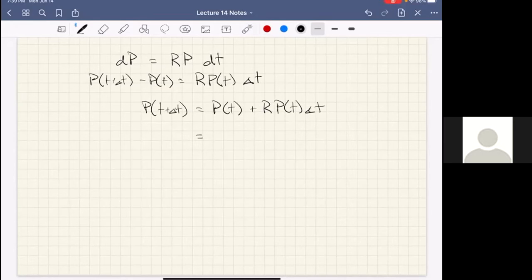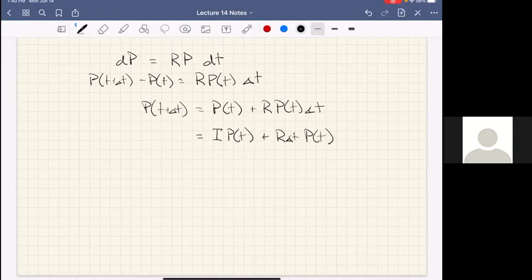What I can do is take out an identity matrix. P of t is a column vector. If I multiply on the left by the identity matrix, it does not matter. And then I'm going to collect R and delta t here.